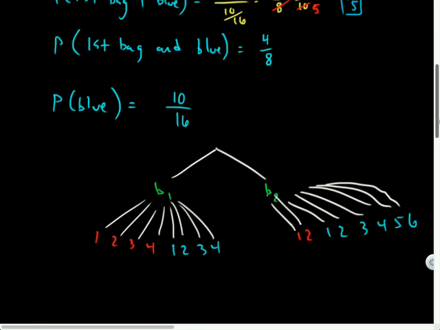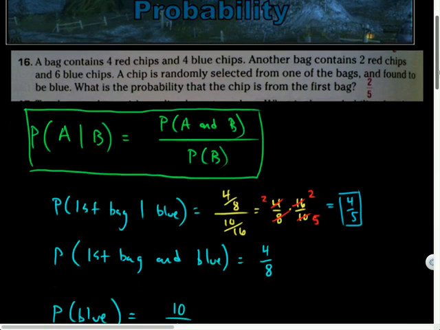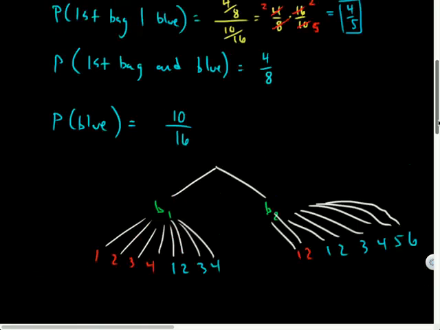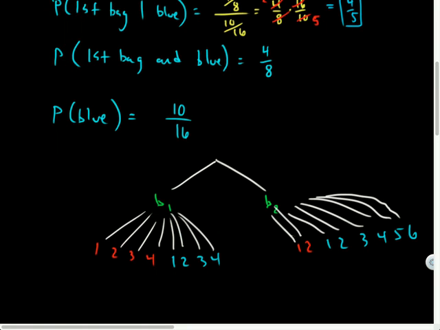So what was the original question again? A chip is randomly selected from one of the bags and found to be blue. What is the probability that the chip is from the first bag? If I know that the chip is blue, these are my possible outcomes.